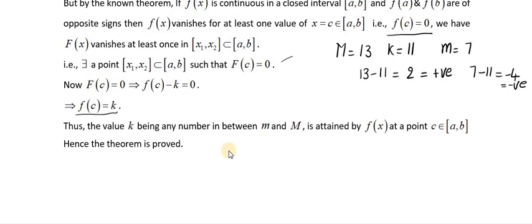Therefore, k, being any number in between m and capital M, is attained by f of x at a point c. That means the value of f of c is k. Therefore, the theorem is proved.